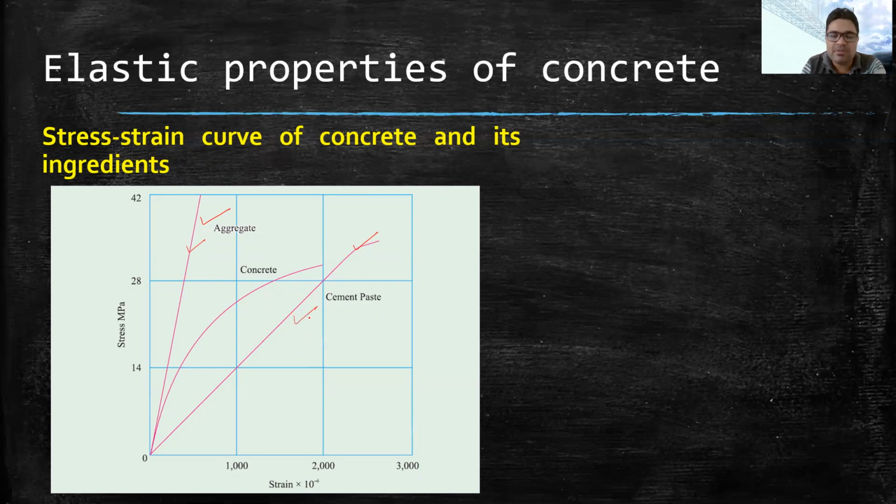But if we find the stress strain curve for the concrete, we can see that it is always curved like this. It doesn't follow any linear path except the initial portion, say up to this portion. The concrete curve is linear there, but after this, as the stress increases, it becomes curved like this.